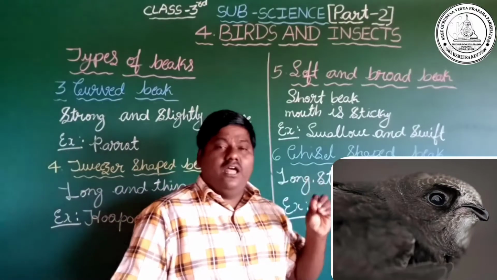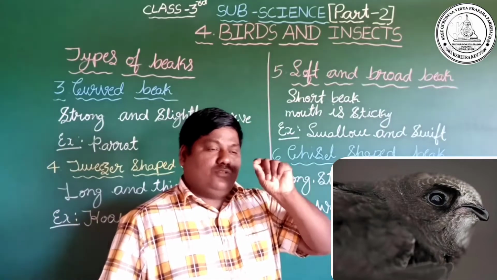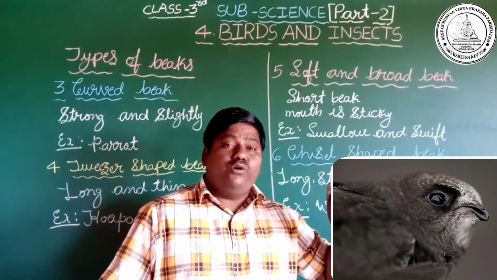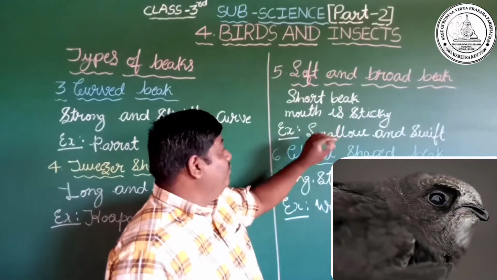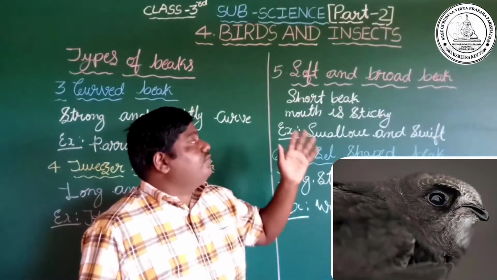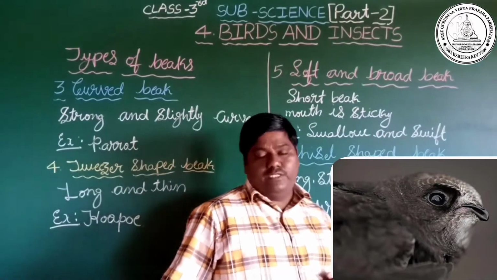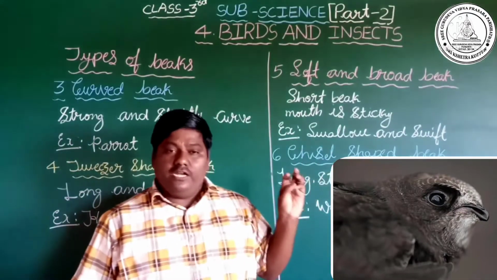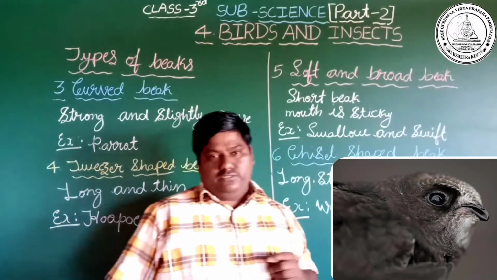Very sticky means like gum. When we throw paper on gum, how it sticks, like that. Their mouth is also sticky. Examples for soft and broad beak are the swallow and swift, and their beak is very soft.